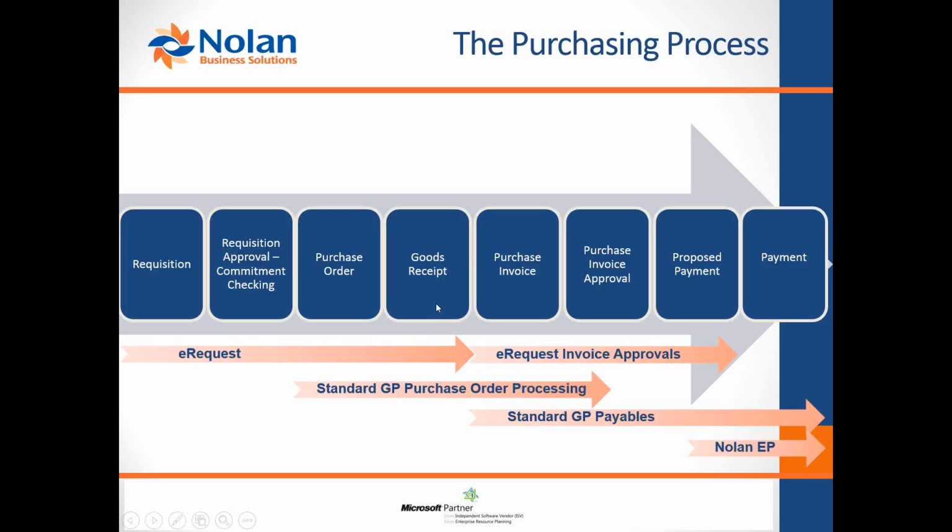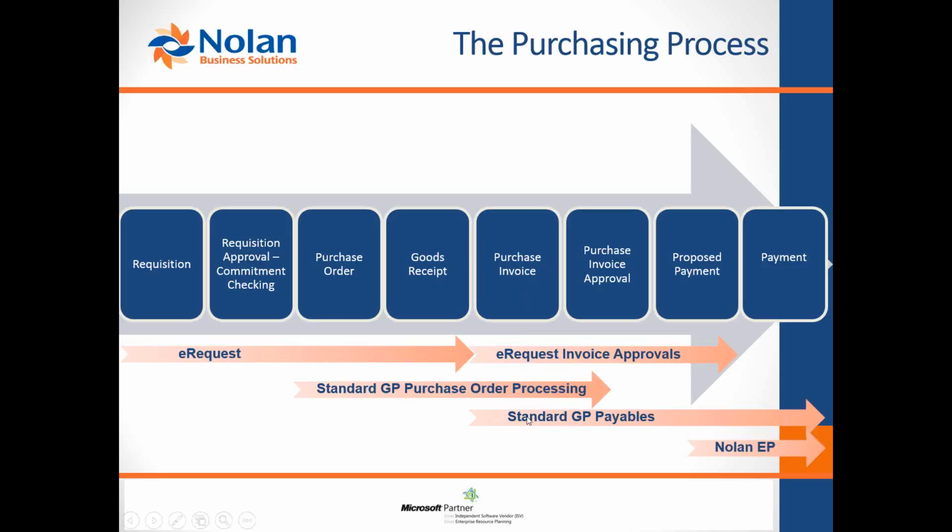The goods receipt, as I said before, can be put in through eRequest, but it can also be put in manually through Dynamics. And if you're using 3-way matching, that goods receipt can then be matched to the invoice within standard Dynamics GP purchase order processing. If you're doing 2-way matching, then the purchase invoice is just simply entered and matched against the purchase order, and you've got a 2-way match going on there.